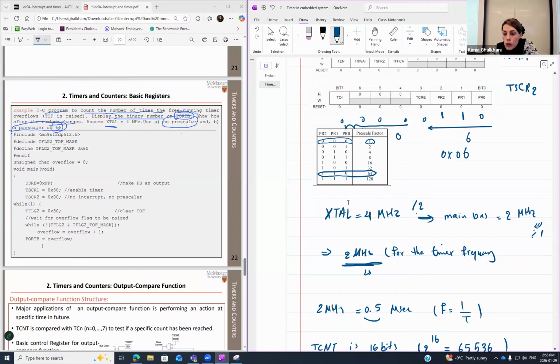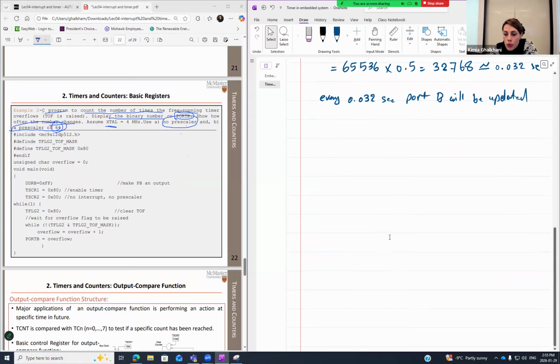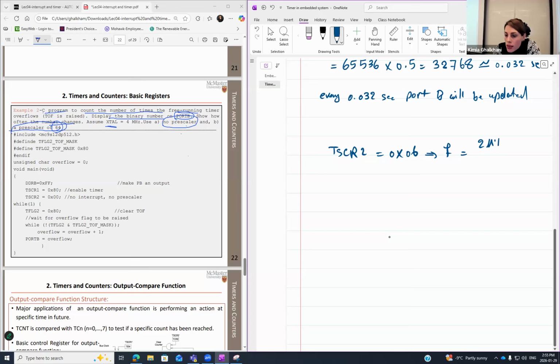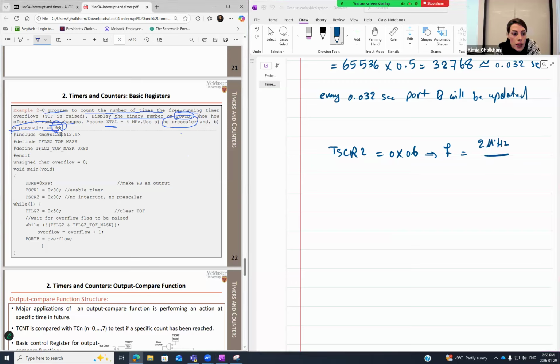Make sense? This is what we know from the lab. So I'm going to put down right in here that TSCR2 becomes 0x06. It means the frequency is 2 megahertz over 64, because I need the prescaler 64.